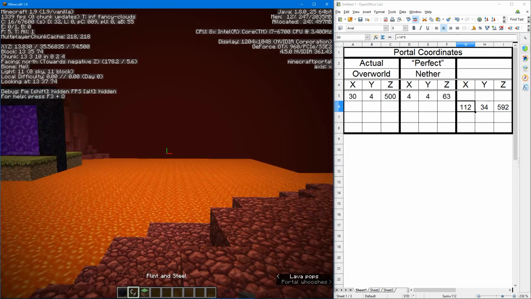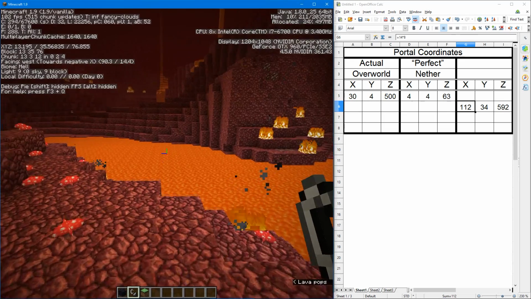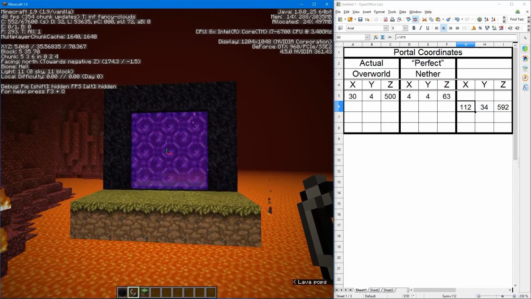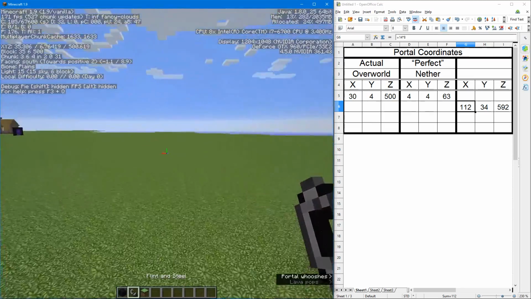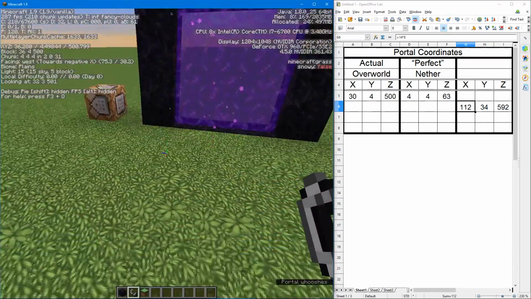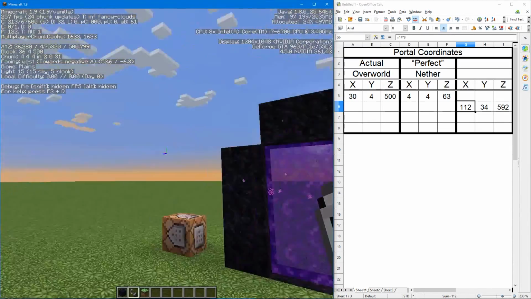And now, keep in mind, yes, this is a super flat world in the overworld. Now, there's a cooldown now. I forgot about that. This is a super flat world, so down here would be where you would be a little bit below diamond level.